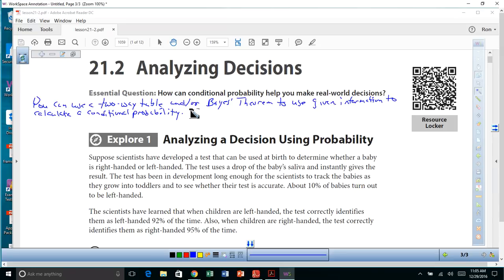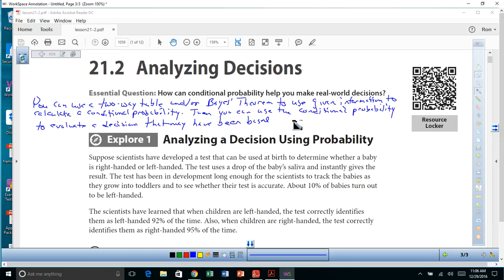Then you can use the conditional probability to evaluate a decision that may have been based on the given information.